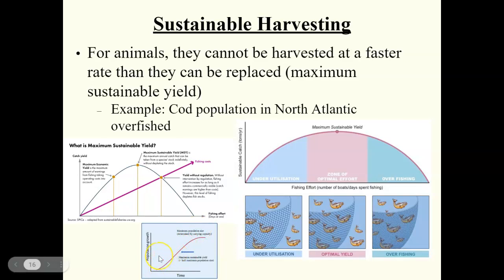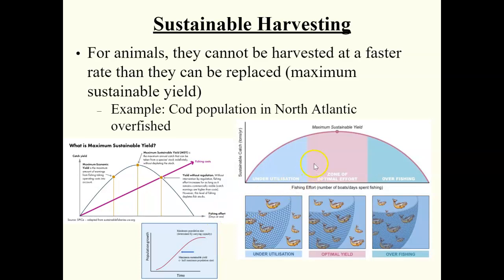And if we pull organisms at that time when they're not growing as quickly in population size, then you're going to see the population size drop. And the same would be true up here when we pull organisms during the transitional phase, or even after that at carrying capacity. Then again, we're going to see the population size drop because they're not able to replace them as fast as we are removing them.